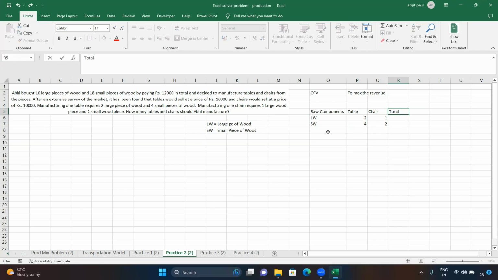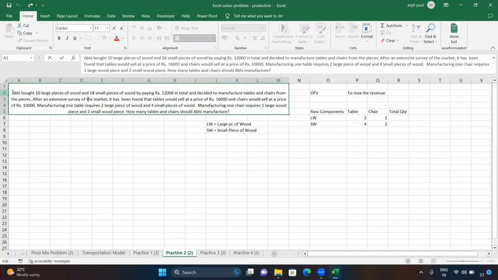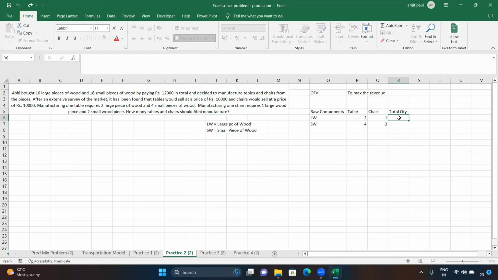And as of now, let's see what is the total quantity available of large woods and small woods. So if we go to statement number 1, we have 10 large pieces of wood and 18 small pieces of wood available as of now. So we can mention here 10 large pieces and 18 small pieces of wood. Okay.